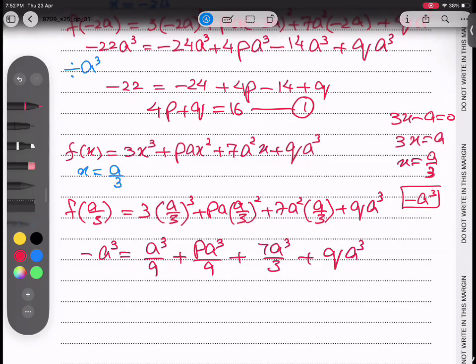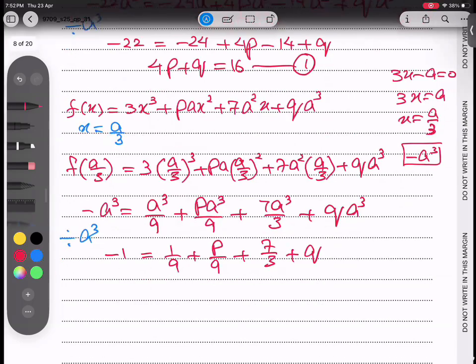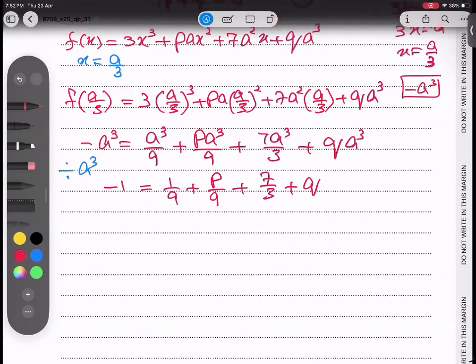So job number 1, divide by a cube. I'm getting negative 1 here, I'm getting 1 by 9, here p by 9, 7 by 3, and q. So rearranging, but 9 is disturbing this 9 and 3. So LCM is 9, so multiply by 9.